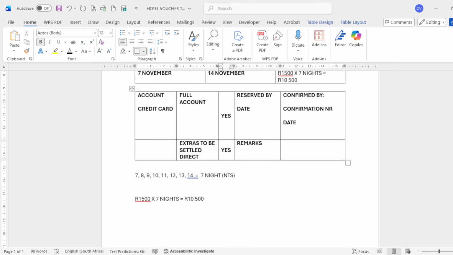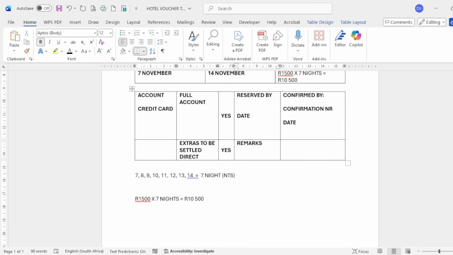Right. Now we come to the confirmation information. It says reserved by, the date, confirmed by, confirmation number, and date. Right, so the first one here is asking you, who did this reservation for Mr. Carney?